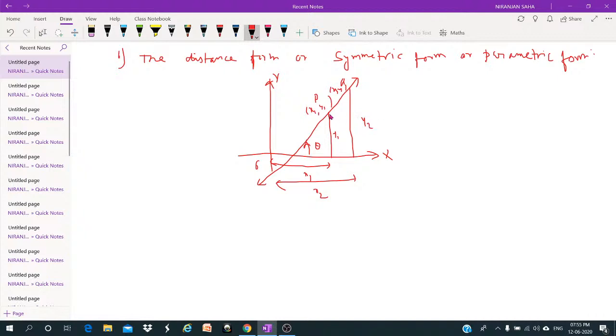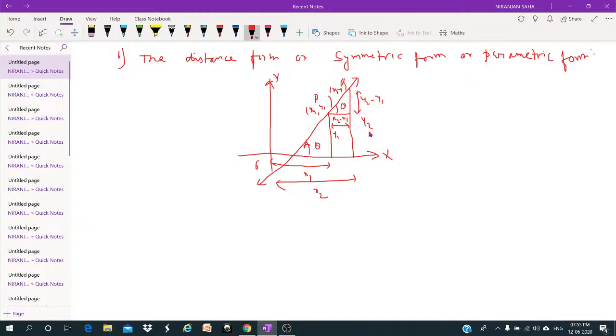Now we will draw a perpendicular from here. Then this will be equal to x2 minus x1, and this distance will be y2 minus y1. If there is angle theta, then there is also the angle theta here.